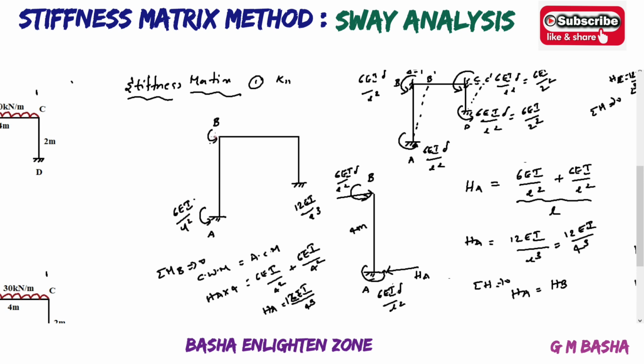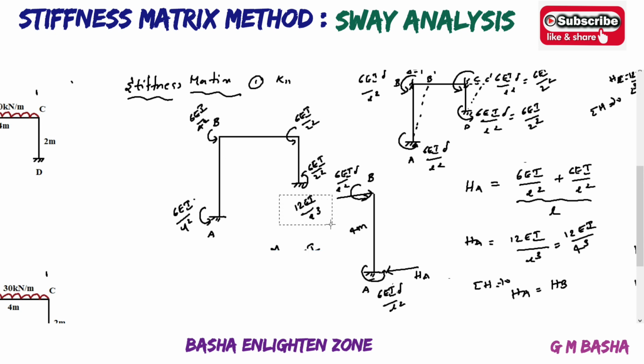Similarly, here also 6EI by 4 square. Here also it will be acting, 6EI by 2 square. Similarly, it will be acting 6EI by 2 square. Okay. So I am removing all these things. Already I simplified all these things here. Otherwise, you will be confused.